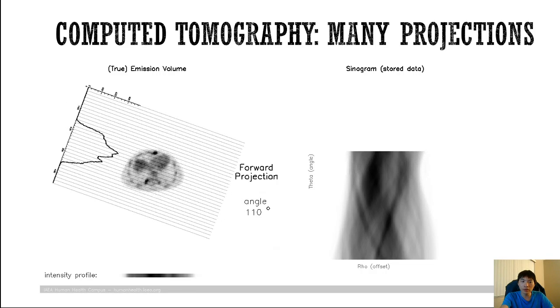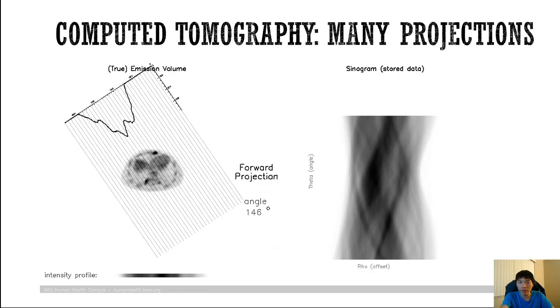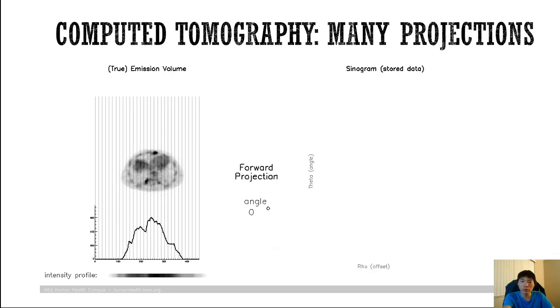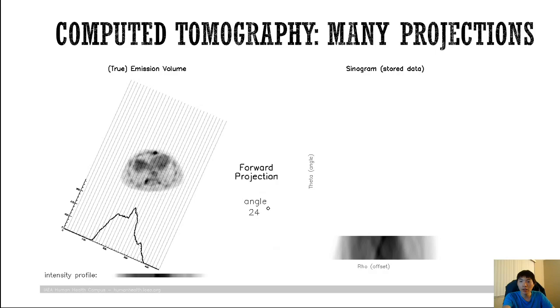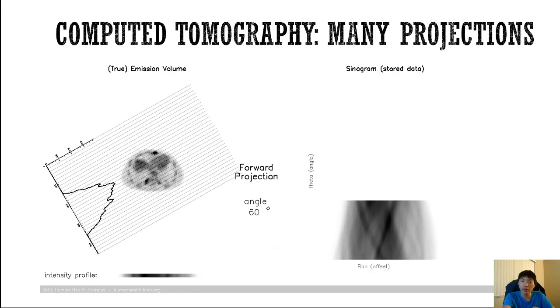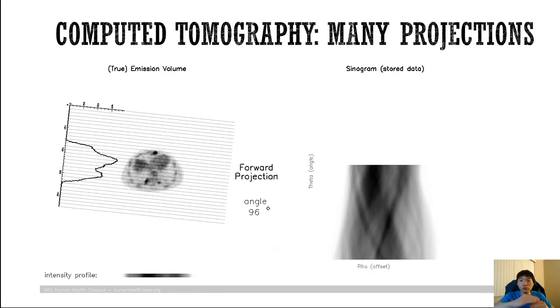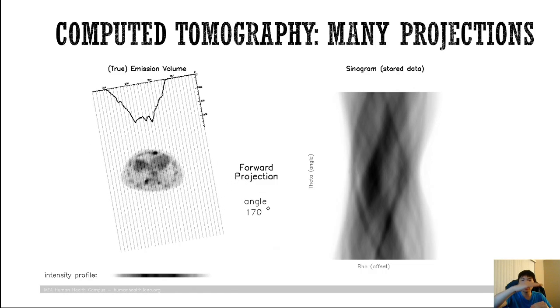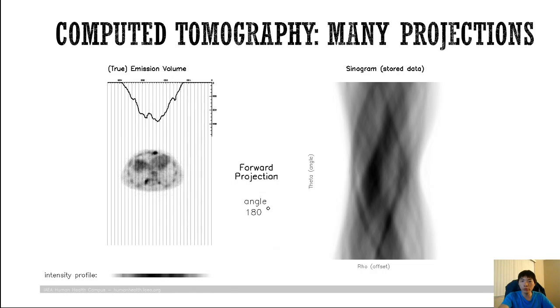So you can see here the sinogram has light and dark patches. So those represent the different intensities of the projections, and the different angles as we rotate. Different angles are represented by different horizontal lines as we move up along the y-axis. So each horizontal line represents a particular angle of projection.